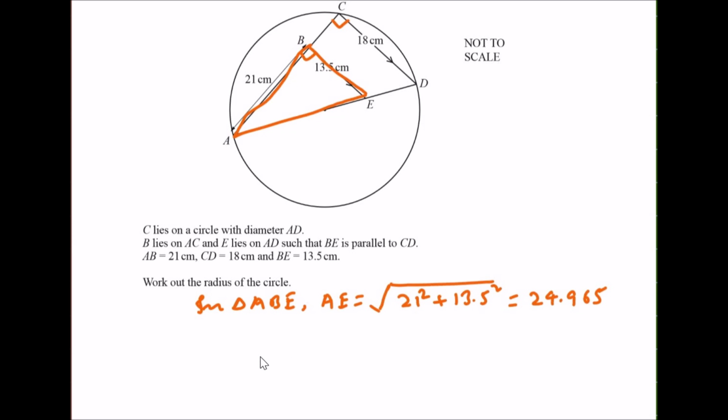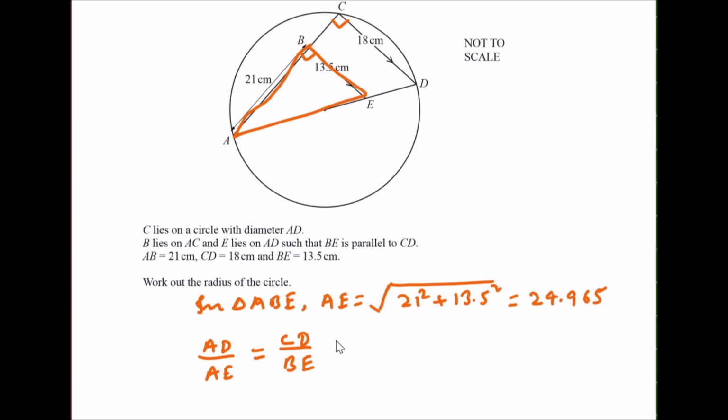Okay. Now triangle ABE and ACD are similar. So in that case, what will happen? We'll get ratio of their corresponding sides will be same. So AD ratio AE is equal to CD ratio BE. Okay.